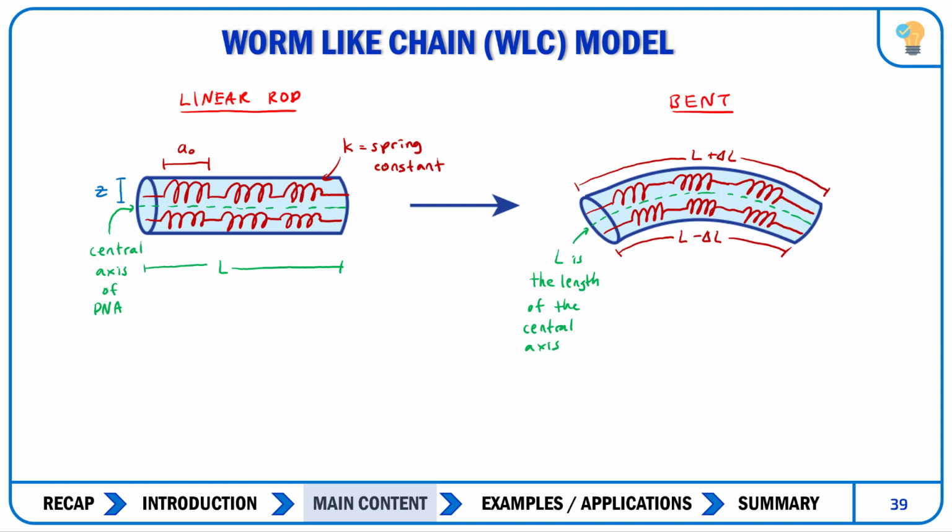So apart from that, what we can do is calculate some sort of angle of bending. So we take a look here, and we call this our radius r. And then here, we're going to have some sort of angle theta.